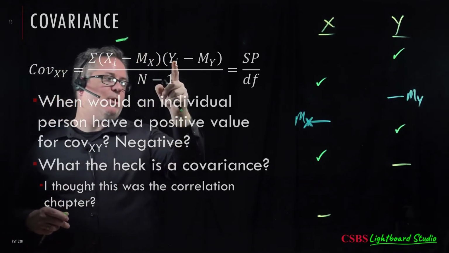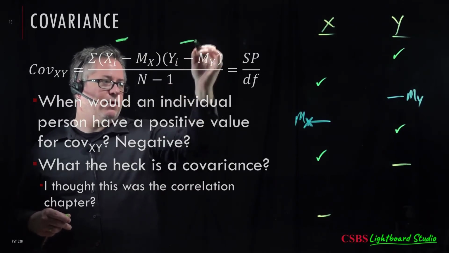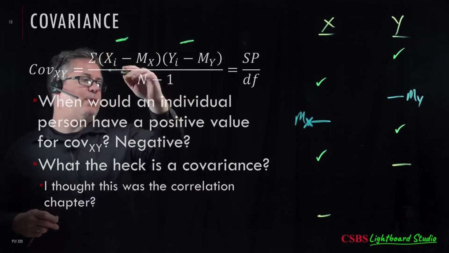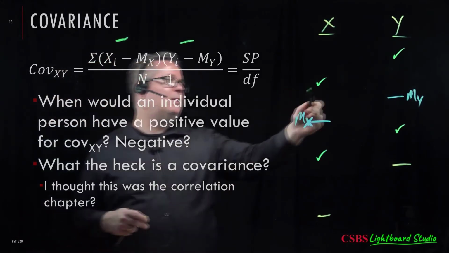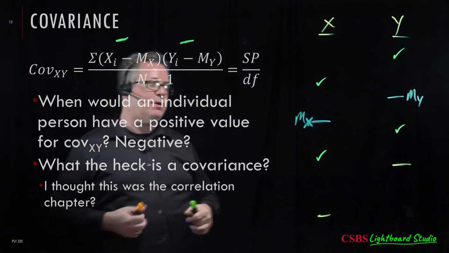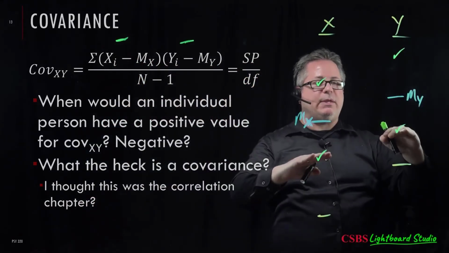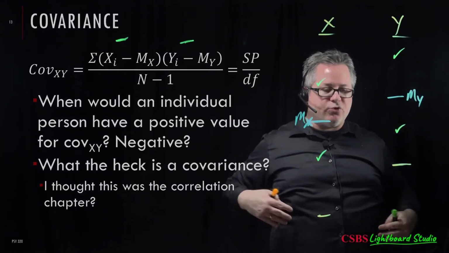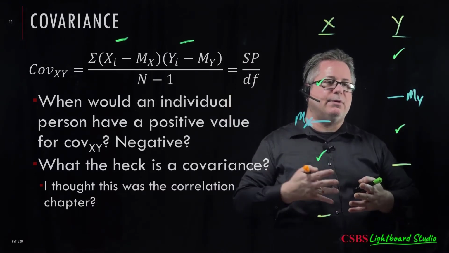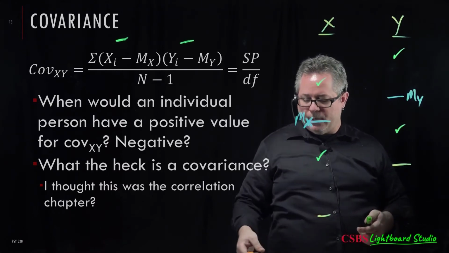And if I'm below the mean on y and subtract the mean, I'm going to get a negative number. So I multiply those two, I get a positive. So as long as I am on the same side of both means, both above or both below, I'm going to contribute a positive product to the sum of products. All right.